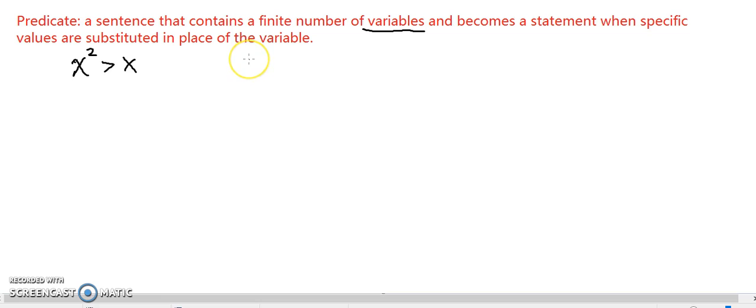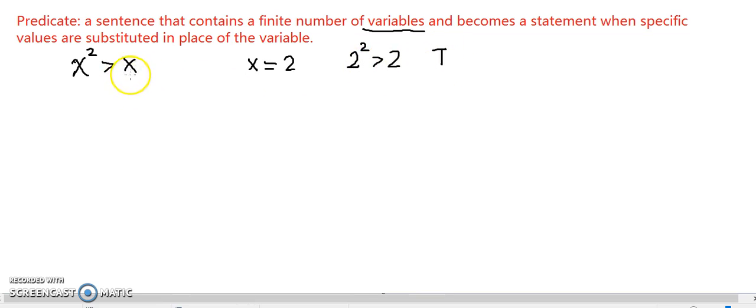So let's see, if we pick integer 2, and I replace x here with 2, then let's plug in: 2 squared is greater than 2, and we can verify that is correct. So this is true.